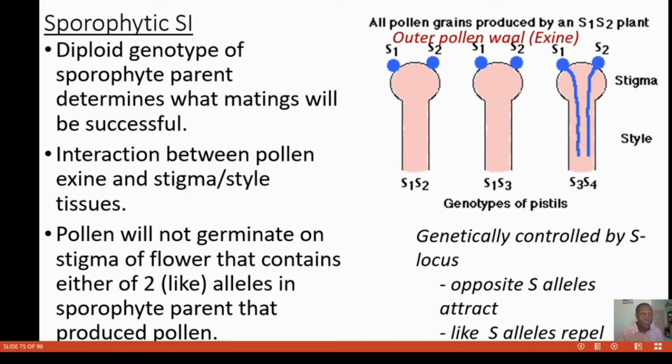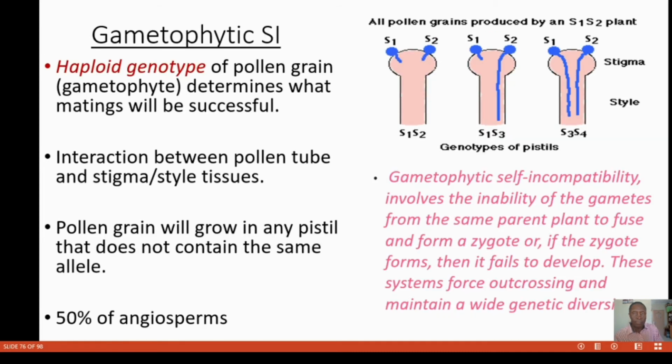The same applies to the second or the middle picture, where we have the exine chromosomes being different from the stigmatic genetics, then we do have the compatibility occurring. Gametophytic self-incompatibility also works on the same principle, as you can see.